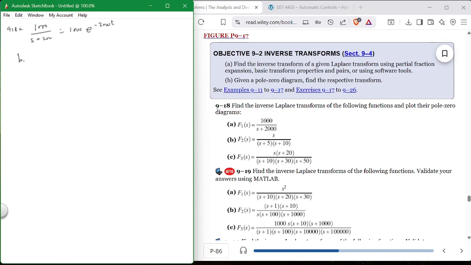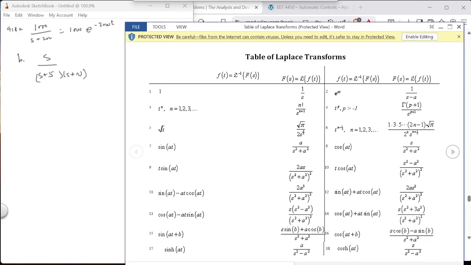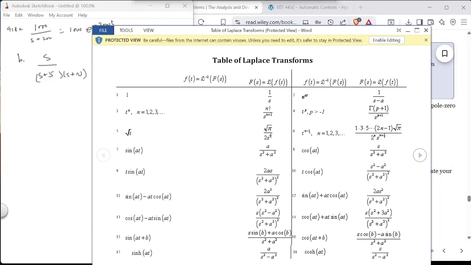Okay, now this one, S over S plus 5 times S plus, what is this one? Where's that on your sheet? Anybody find it?